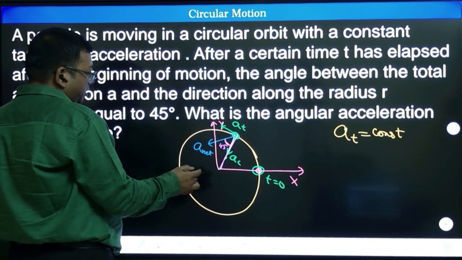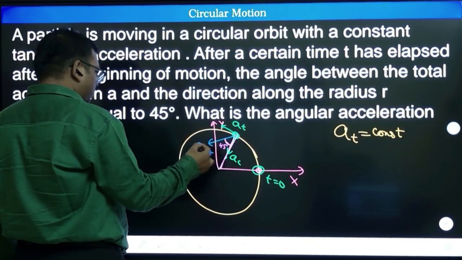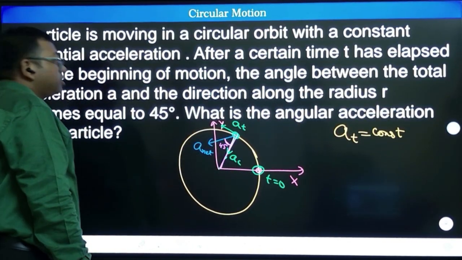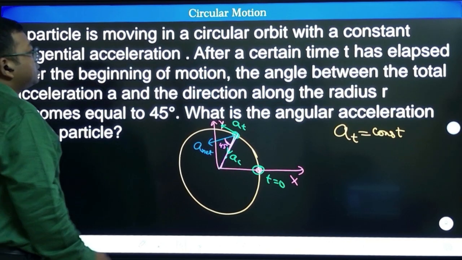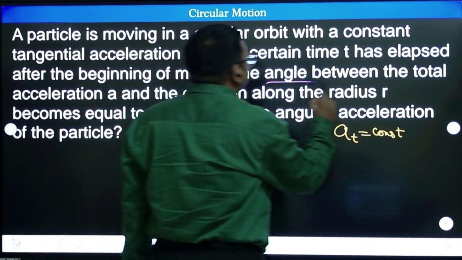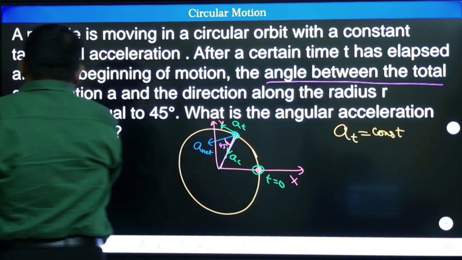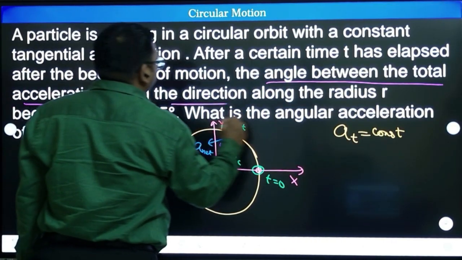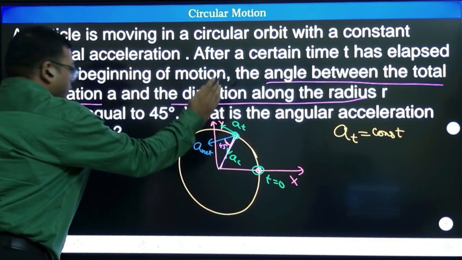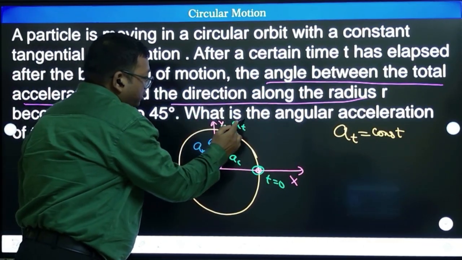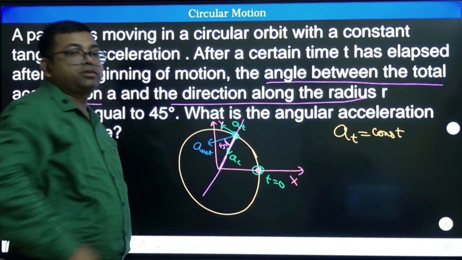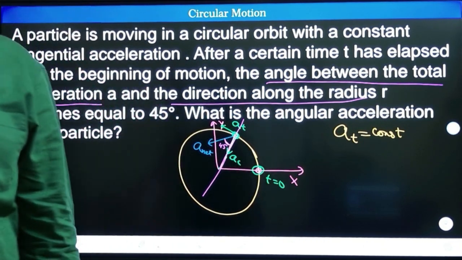The angle between this radius and the total acceleration has become 45 degrees. Direction along radius means this direction.